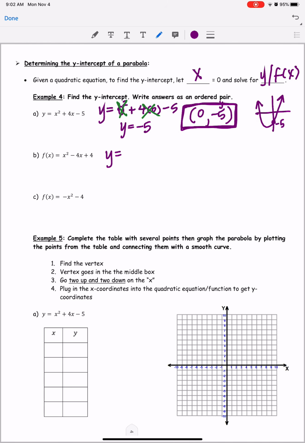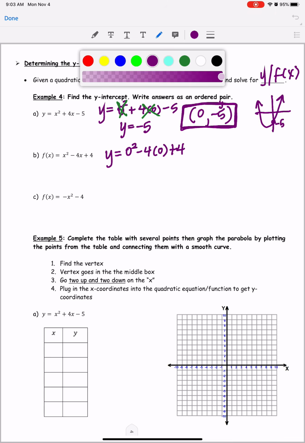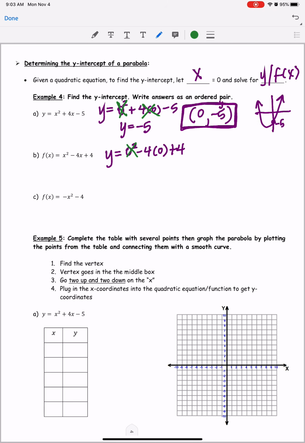So same thing here, y equals 0 squared minus 4 times 0 plus 4. 0 squared is 0, and 0 times anything is 0. So we're left with y equals 4. So write that as an ordered pair.